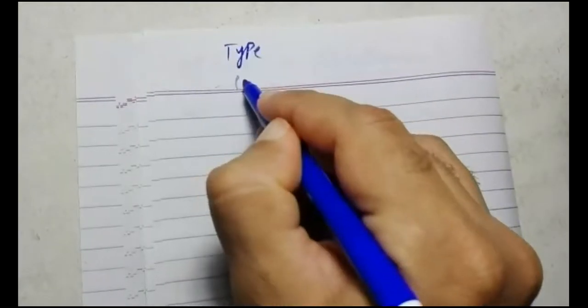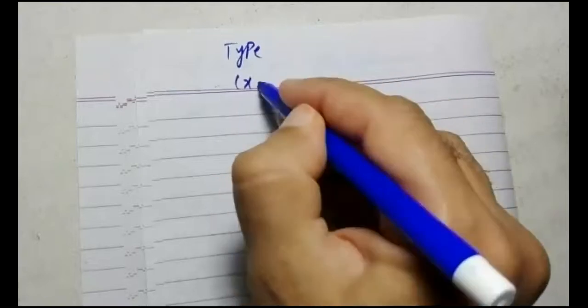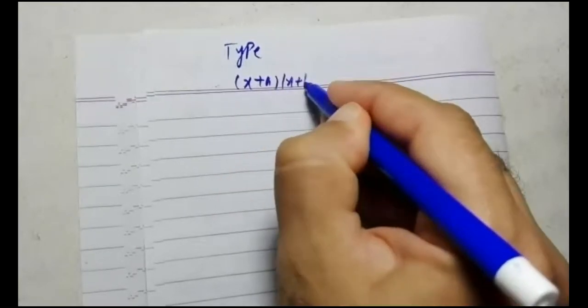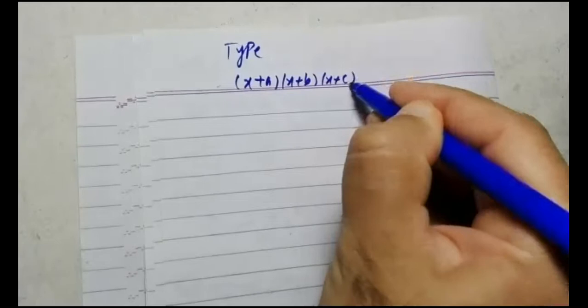In the beginning, right above exercise 1.3, the type of the equation is written of the form (x + a)(x + b)(x + c)(x + d).